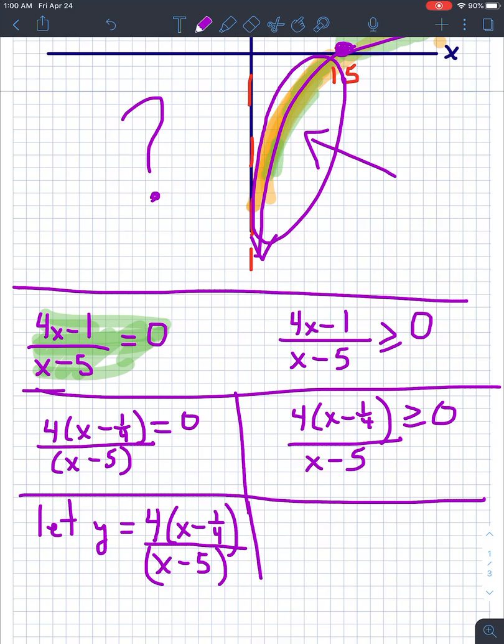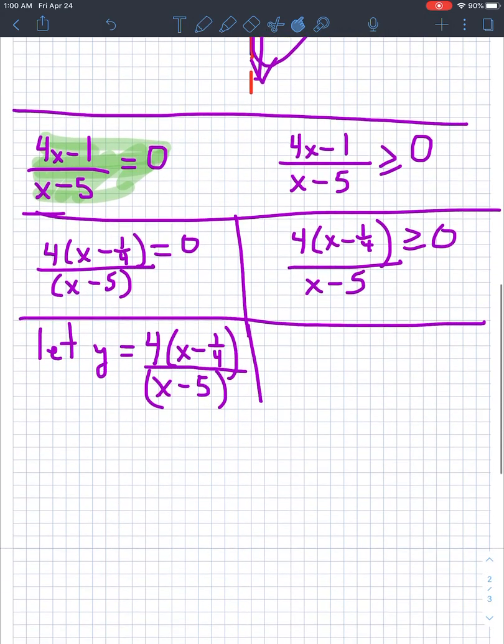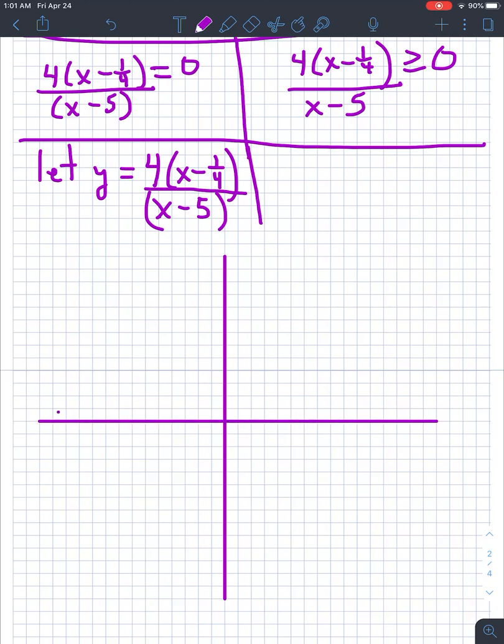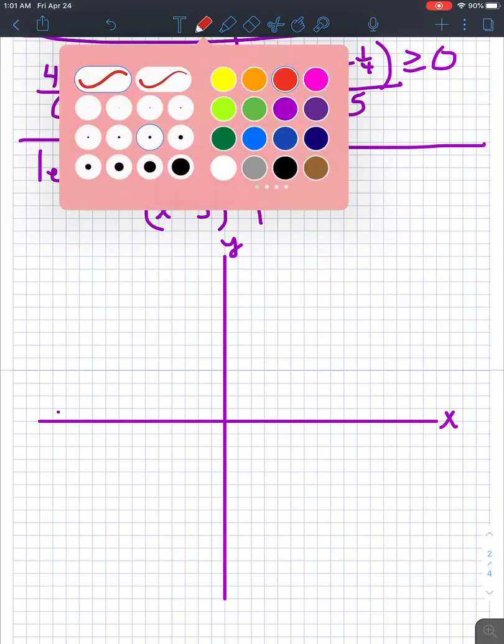Well, whenever it's on the x-axis or above the x-axis. Let's graph. We're good at these. Alright, let's do the asymptotes first actually.